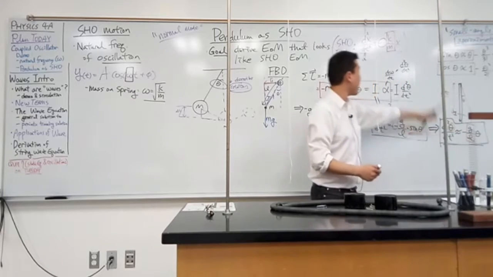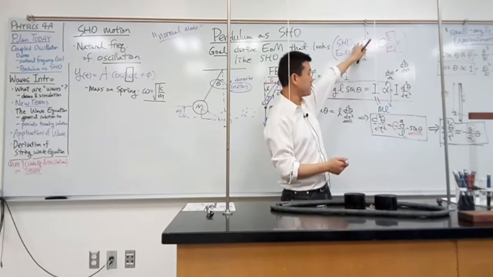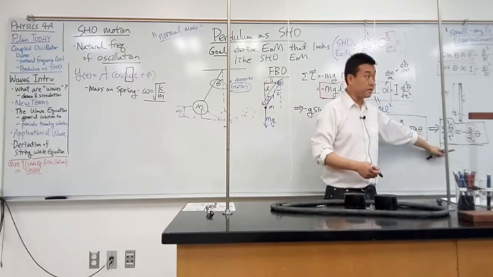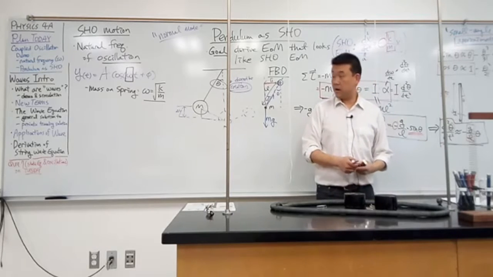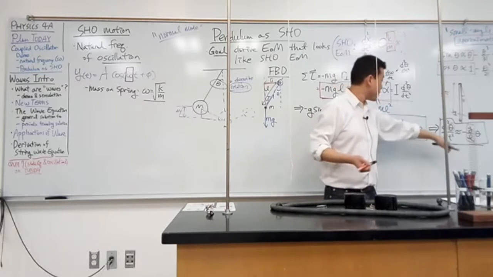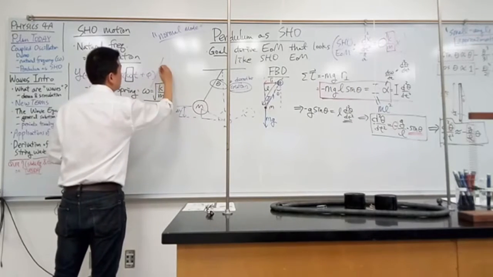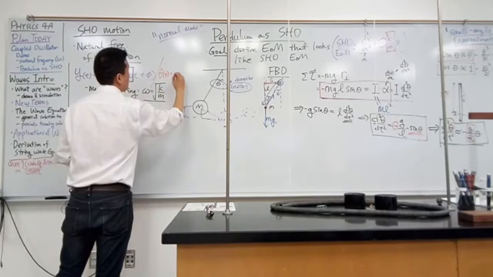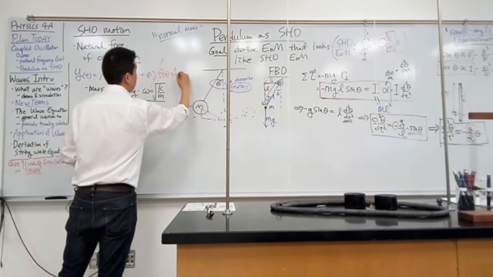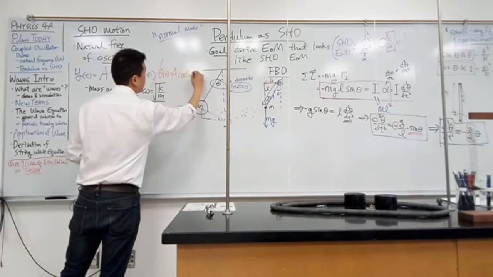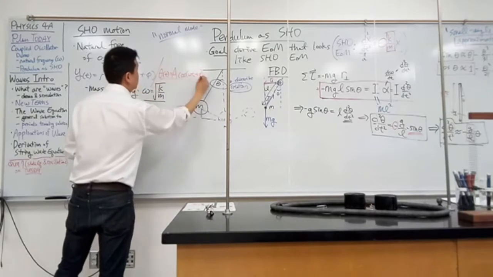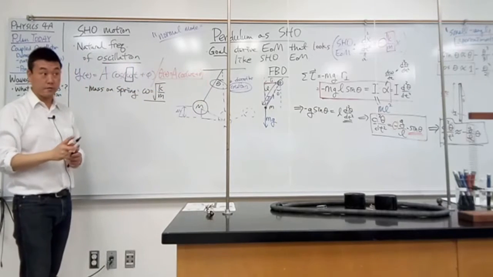So mathematically they are identical. All the solutions to this would also now be solutions to this. We can say that theta as a function of time will be some amplitude times cosine of omega t plus phi. So you'll get the exact same form of the solution.